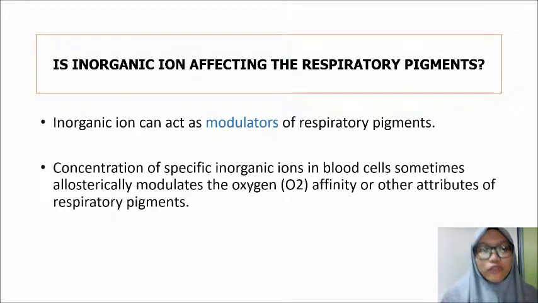For the next question, do inorganic ions affect the respiratory pigments? Inorganic ions can act as modulators of respiratory pigments. The concentration of specific inorganic ions in blood cells sometimes allosterically modulates the oxygen affinity or other attributes of respiratory pigment.